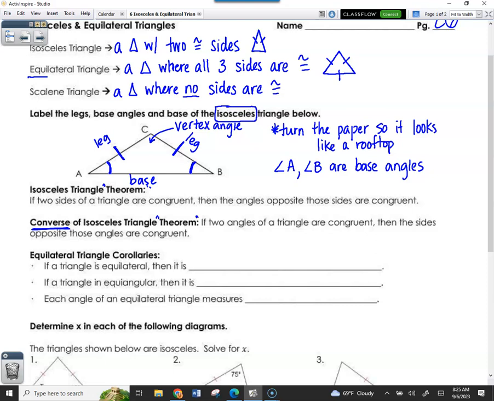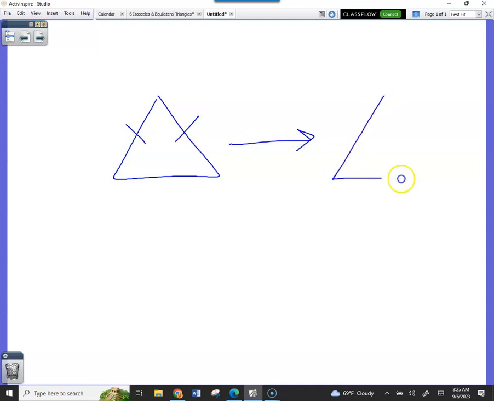So that's called the converse, which means if I throw a triangle at you, here's what it means in a nutshell. If I throw a triangle at you and I say, hey, that is equal to that, then you should be able to say, okay, well, if that is equal to that, then this is equal to this, right?